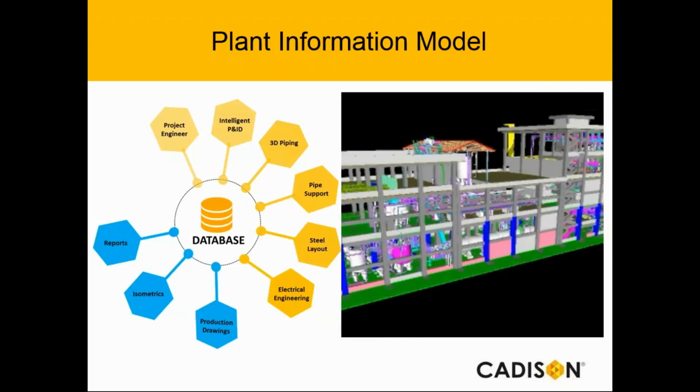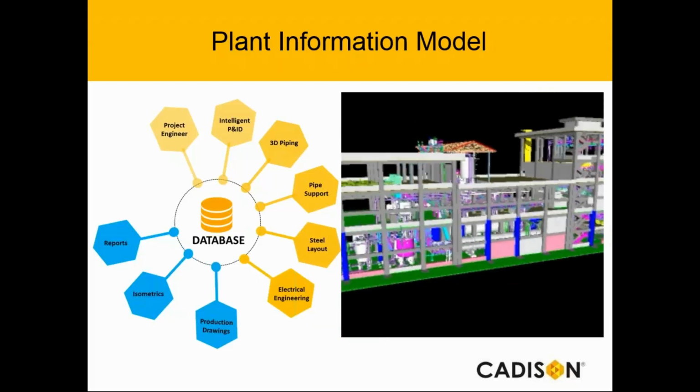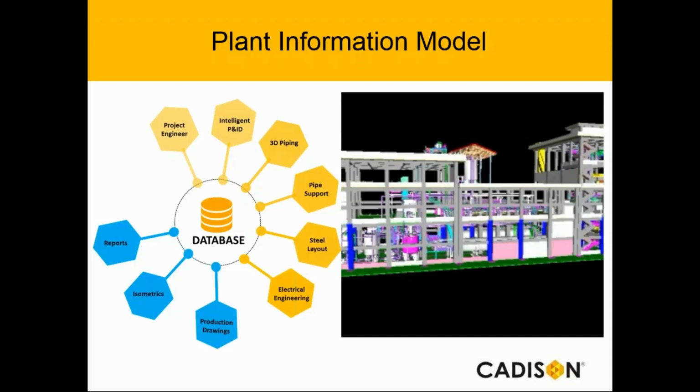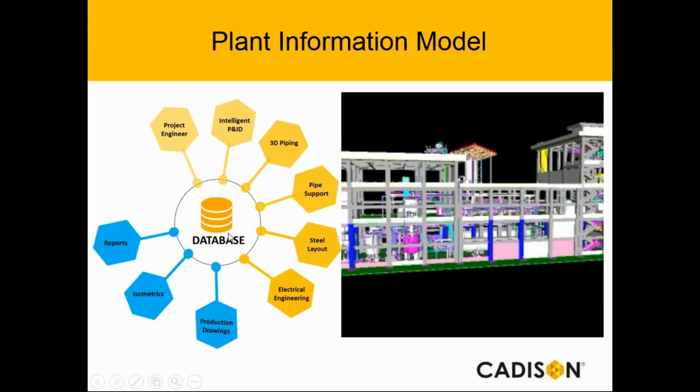CADISON supports true integration without complex synchronization workflows, which I will show you later on. Communication between different design modules of CADISON is powered by the same database. And we are emphasizing this one single database in all the modules.